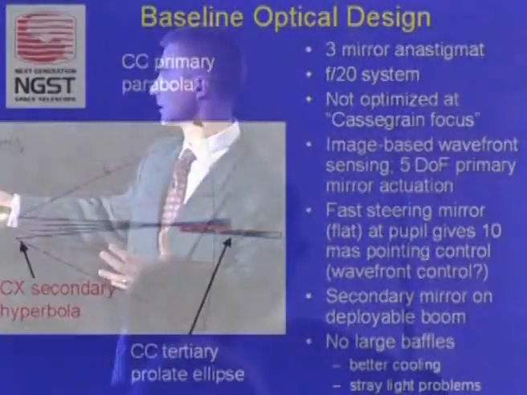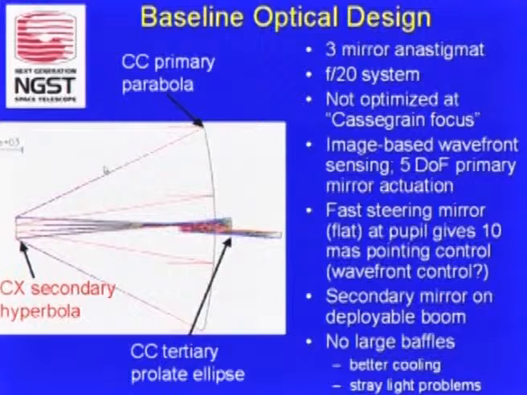It has 2 functions in the yardstick design. Number 1, it can be used to help guide NGST. So it can be put on actuators. This is up to the vendor as to whether or not they need to do this. But we can relax requirements on NGST's guidance system by having this mirror, which can use feedback from one of the science instruments or a guidance camera to correct for pointing problems. The other thing is that because it's at a pupil, if you put actuators on this mirror that can deform the mirror, then you may be able to do some wavefront correction.